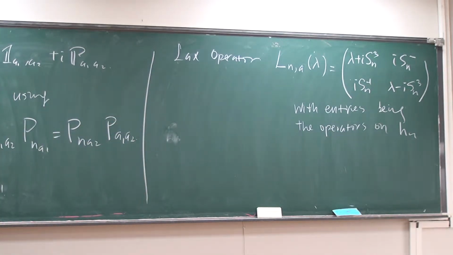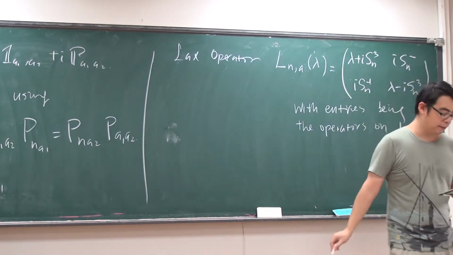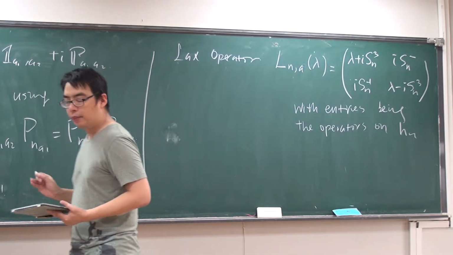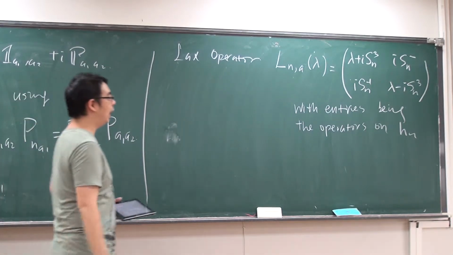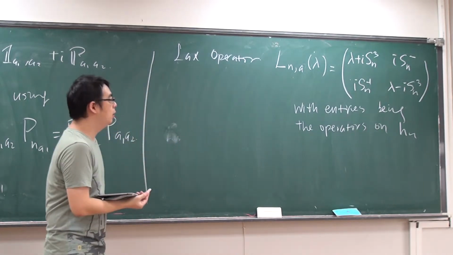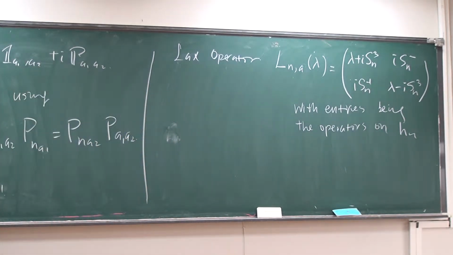I say this as Lax operator, which takes you from psi n plus 1 to psi n and so on. But right now, it's actually not so obvious. I would rather postpone this interpretation until we come back and see how the lattice momentum operator actually appears from this formulation. But right now, I'm just going to write it like this. And then hopefully you will bear with me. I guess you have been bearing with me.